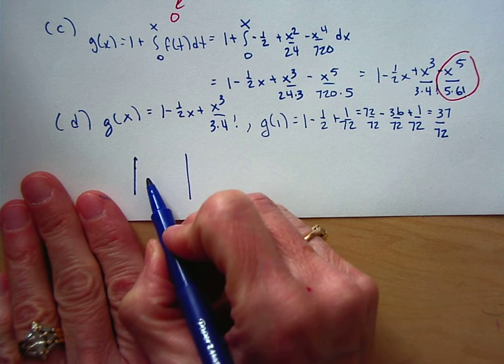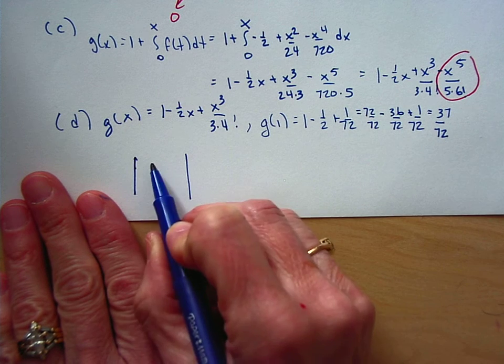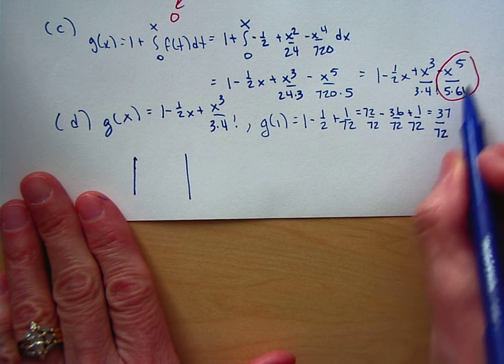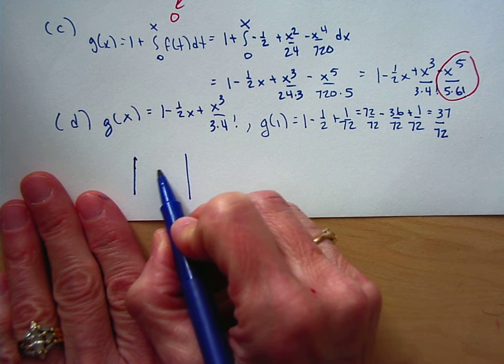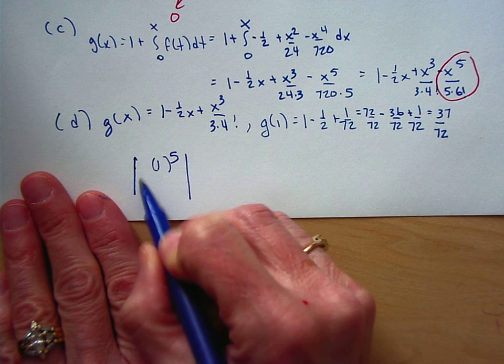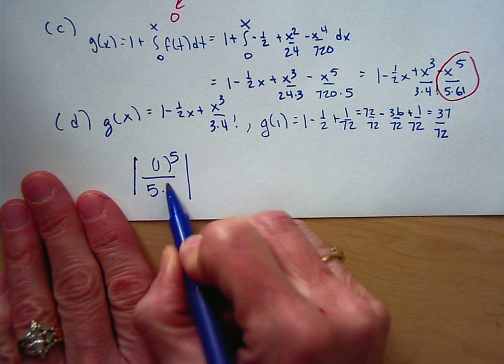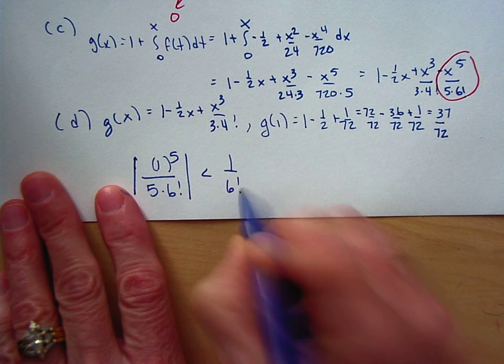We know that we're talking about 1, so this is going to be 1 to the 5th power over 6 factorial, everything that's left from that term is going to be less than 1 over 6 factorial.